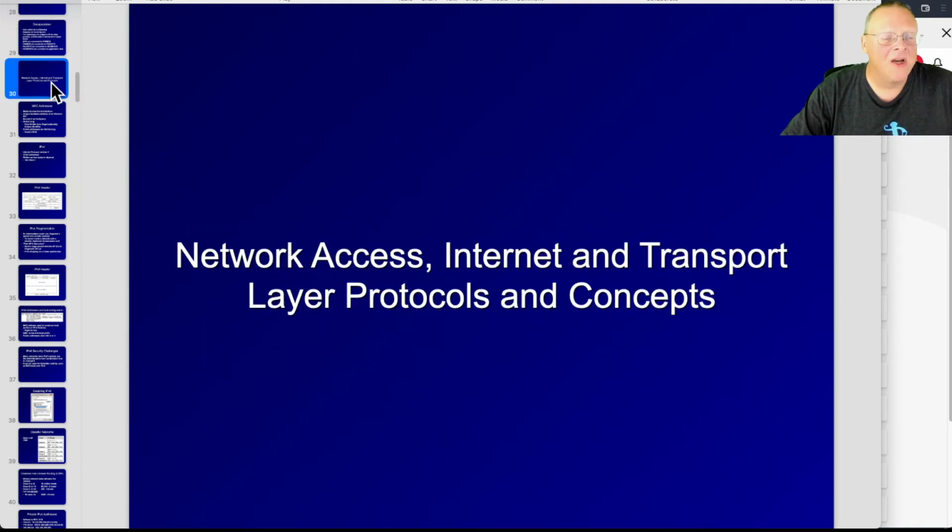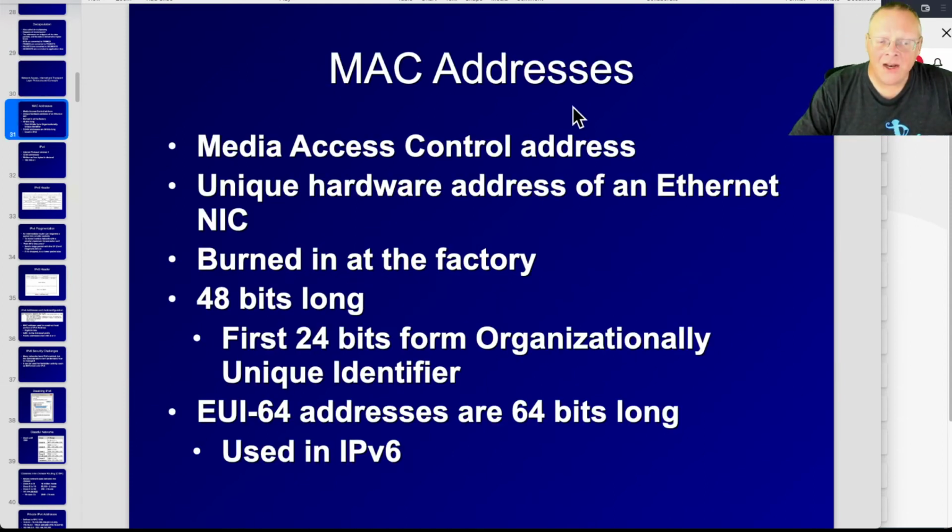All right, so MAC addresses, media access control addresses. They are assigned to a network adapter when it's manufactured, and everyone is supposed to get a different unique MAC address, 48 bits long.